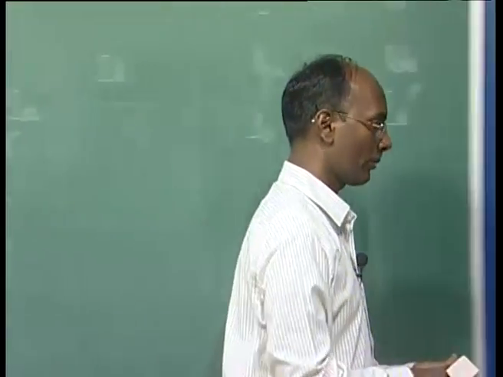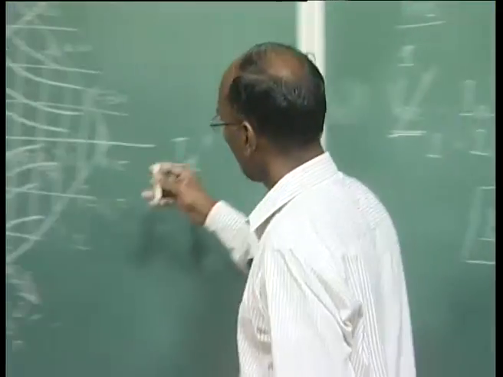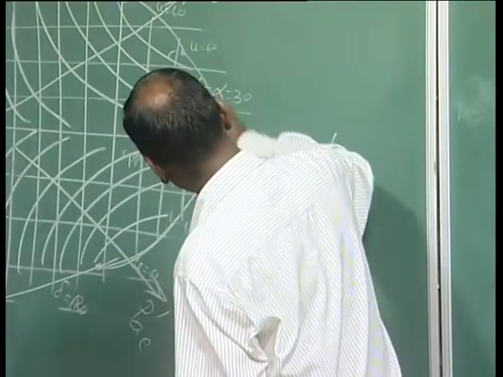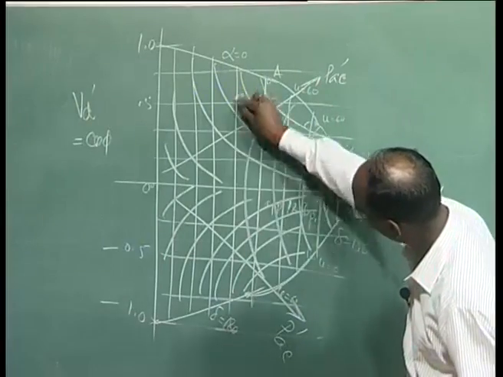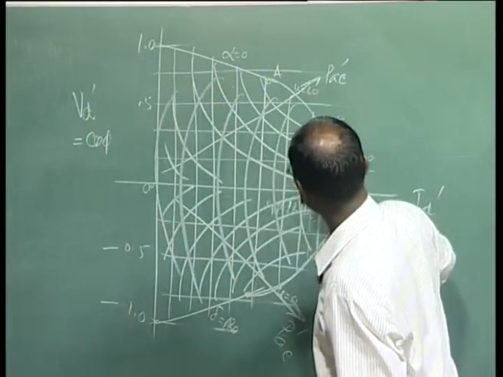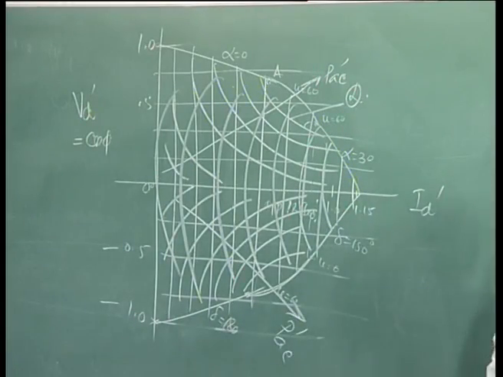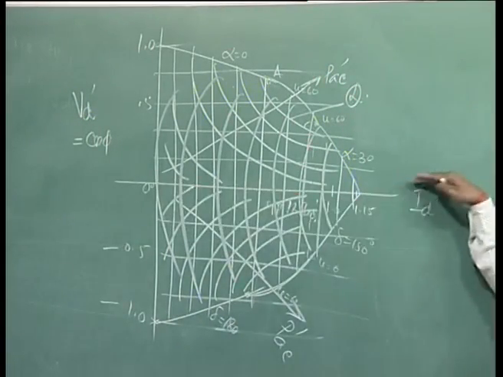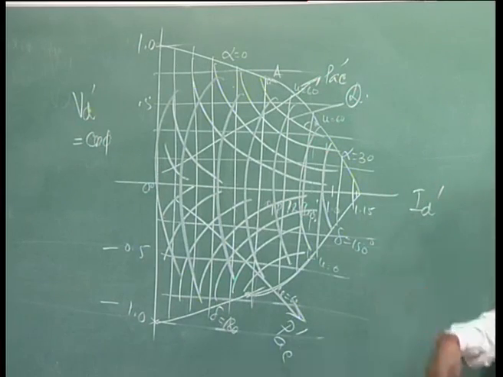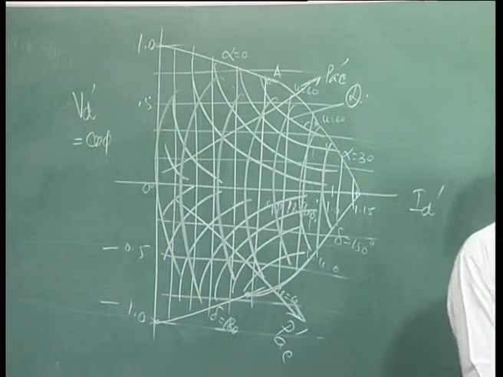I can draw from here, and we are going to get this value here. This is your Q. Q is 0 on this side and you are moving to this side. So this is your Q characteristic on the same curve.